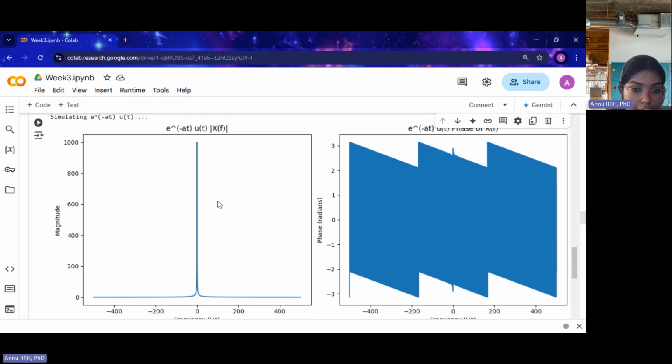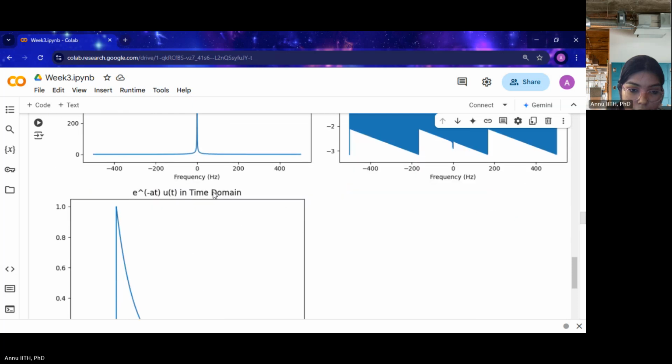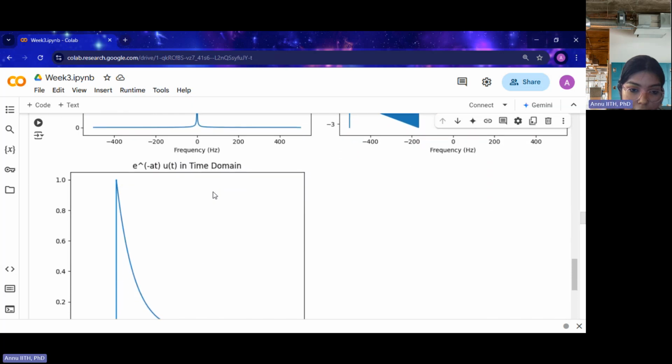e power minus at u(t), mod of X(f), e power minus at u(t), phase of X(f), e power minus at u(t) in the time domain.